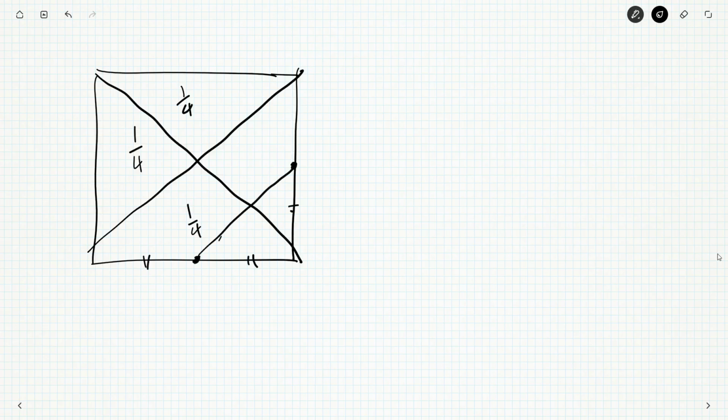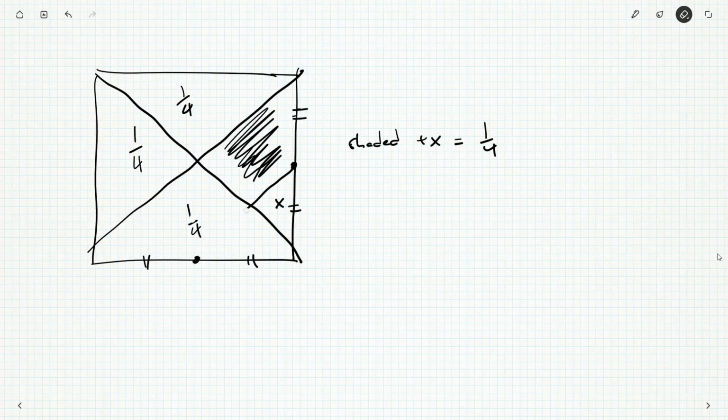That's why it splits in half quite nicely. We have our shaded area. So our shaded area plus this area down here, shaded plus x, is 1/4 of the total square. You can even ignore this part right here.